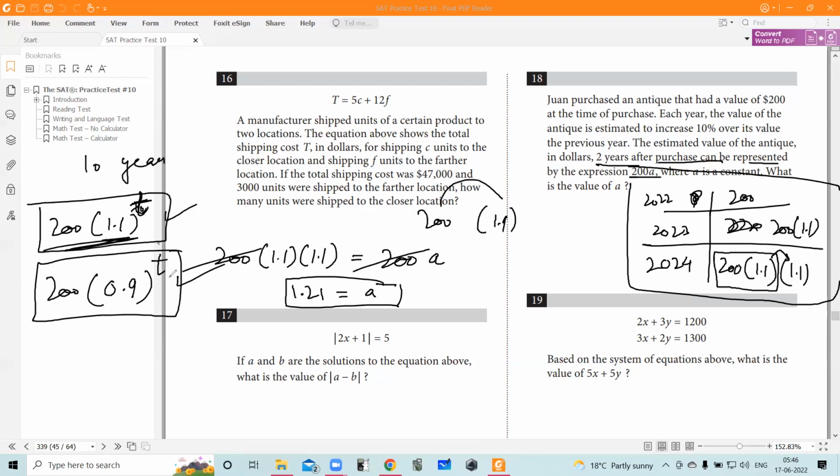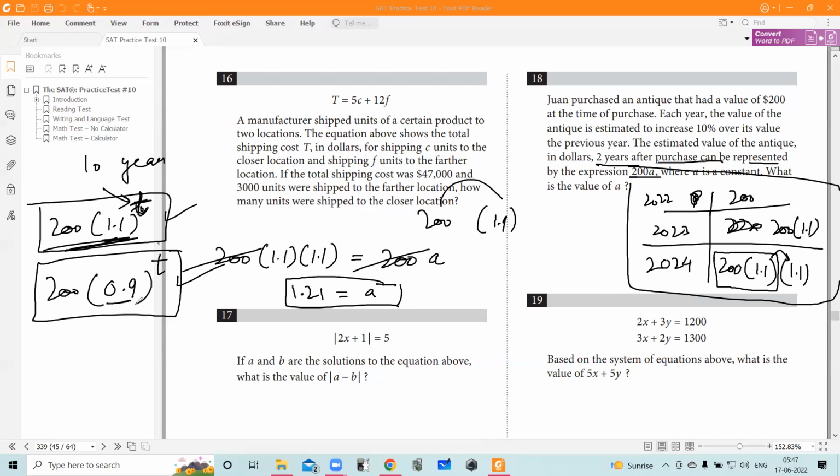So these are the important things which will be helpful in solving those types of questions, because they are a little bit trickier and a little bit complex. So in short, multiplying with 1.1 means increasing by 10% for 1 year. Multiplying by 1.1 raised to the power t means increasing by 10% every year for t years.